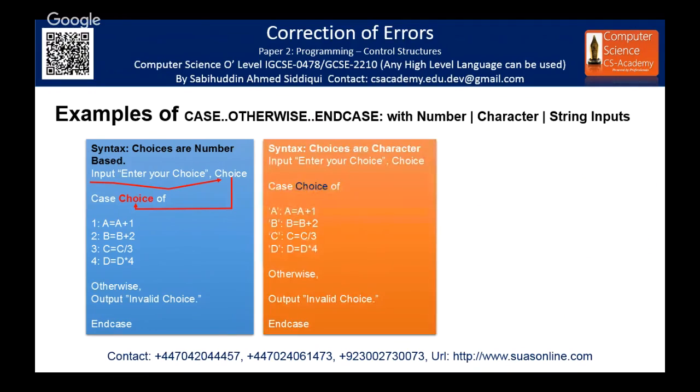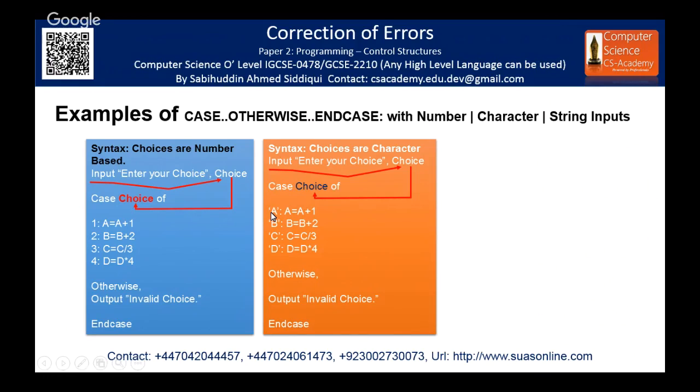Now here I have used the same variable: choice is for number, choice is for character, and choice is for string coming ahead. Now input, enter your choice. So choice again does the same exercise, loading or receiving from the user with the help of the input statement A, B, C, D. Remember that this is the simple character based input.